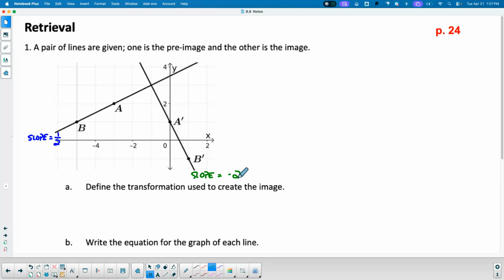Positive 1/2 and -2 are opposite reciprocals, so they are perpendicular. Okay? Which means that this angle right here is how much? That means that that is 90 degrees. Perfect.